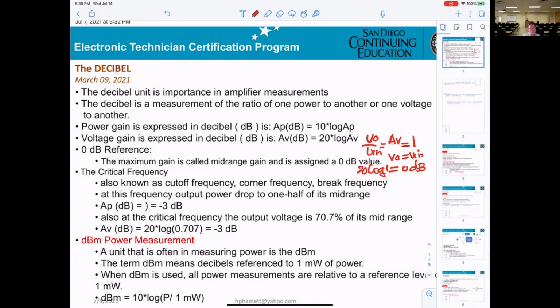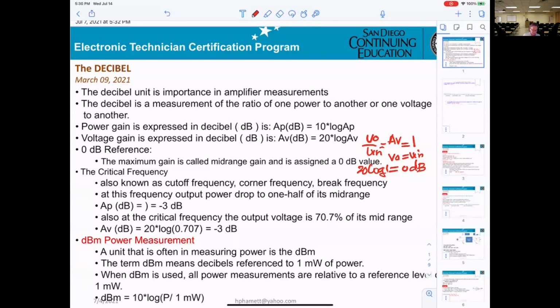Then the next thing you have to memorize is when they talk about a critical frequency, or cutoff frequency, or corner frequency, or break frequency. I mean, they have too many names for the same thing. So what is that frequency? At this frequency, the output power drops to 1/2 of mid-range, so AP in decibels equals minus 3 dB.